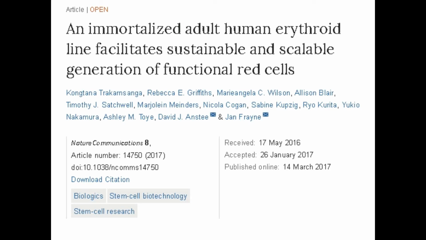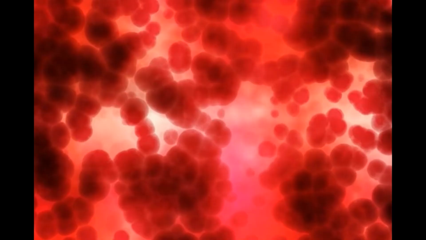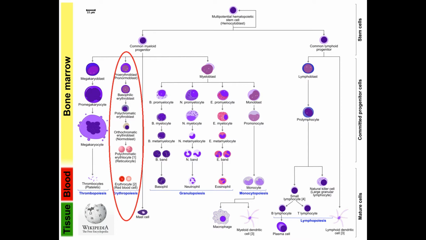The team at the University of Bristol has called their new cell line the Bristol erythroid line adult. This is also known as the BEL-A cells. The important difference between these cell lines and those that have been achieved in the past is that they have been able to effectively stop the cell in an early stage of development.